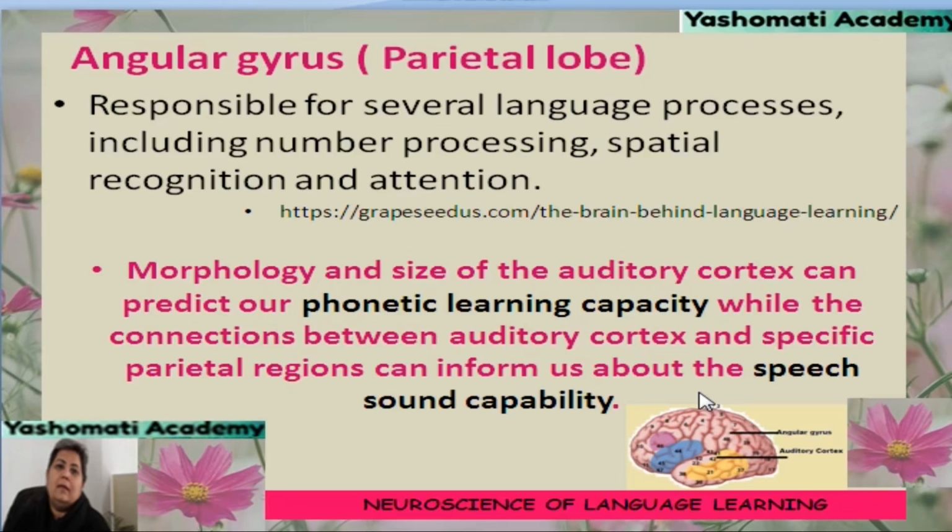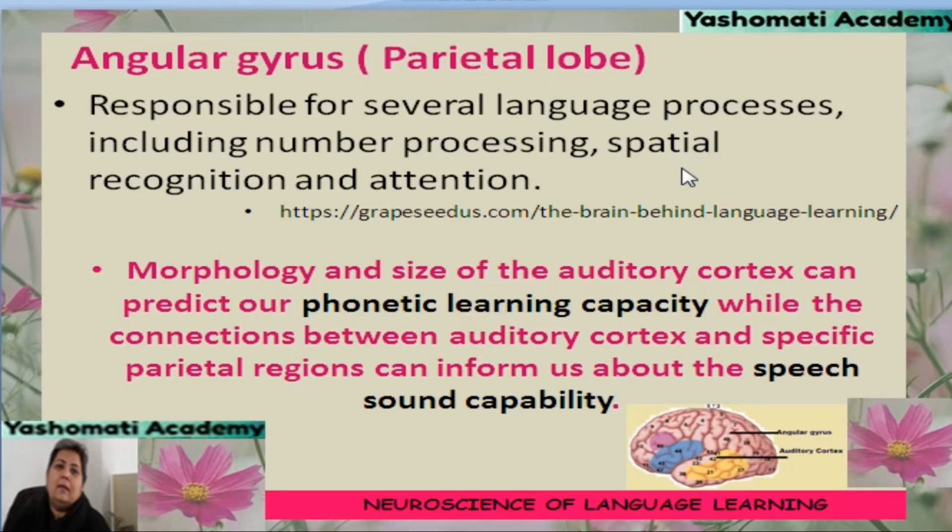Angular gyrus, which is located in the parietal lobe, is responsible for several language processes, including number processing, spatial recognition and attention. The role of angular gyrus in language is that if there are some lesions or some damage in the angular gyrus, then it can lead to many symptoms which are termed as Alexia or Agraphia.